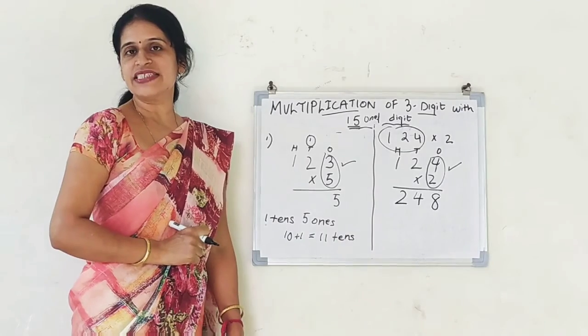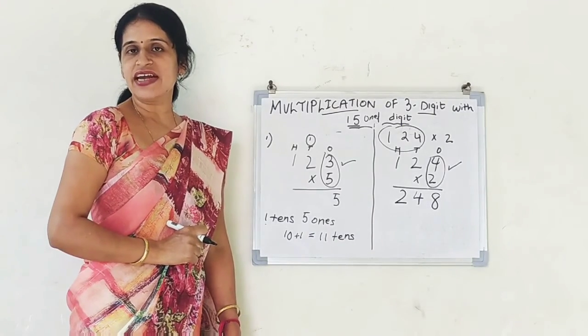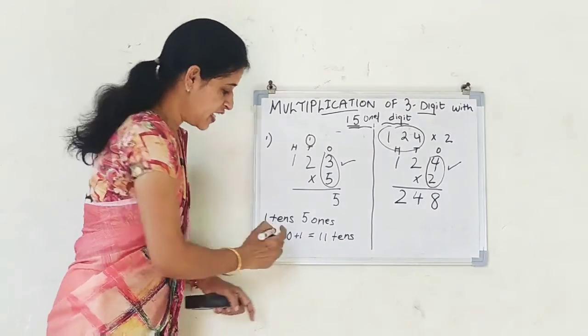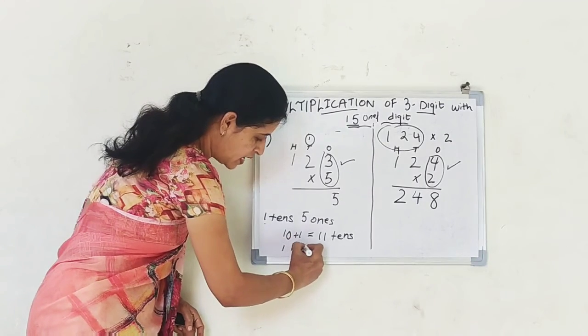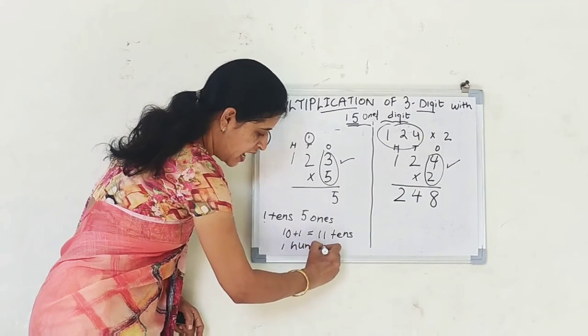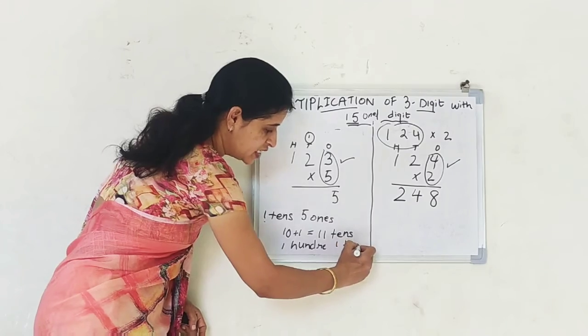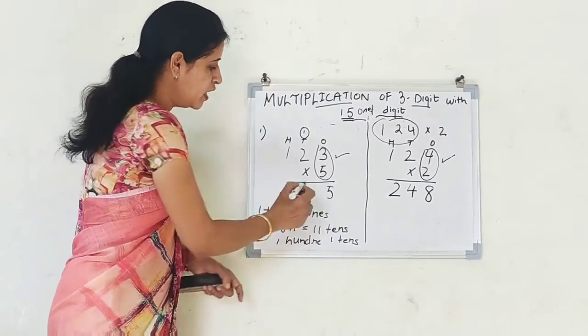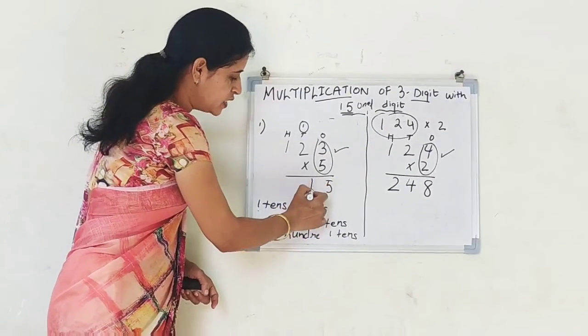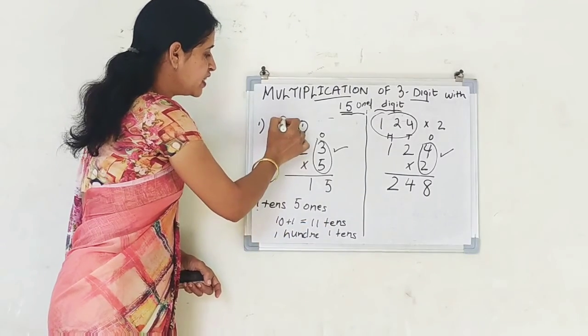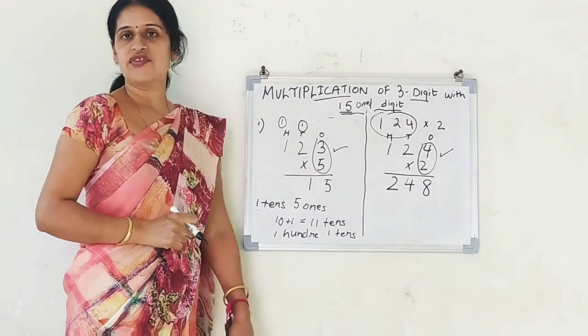How can this 11 tens be written? 11 tens can be written as 1 hundred and 1 ten. So where do we write this one? We write this one here and we carry this one in the hundreds column.